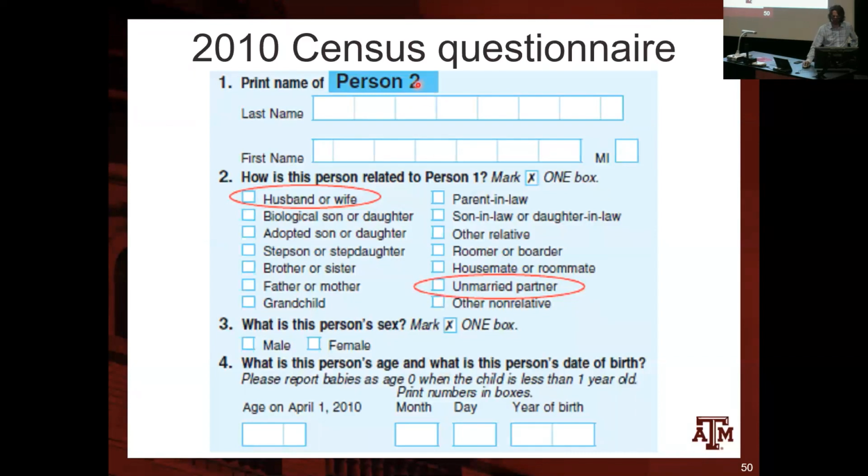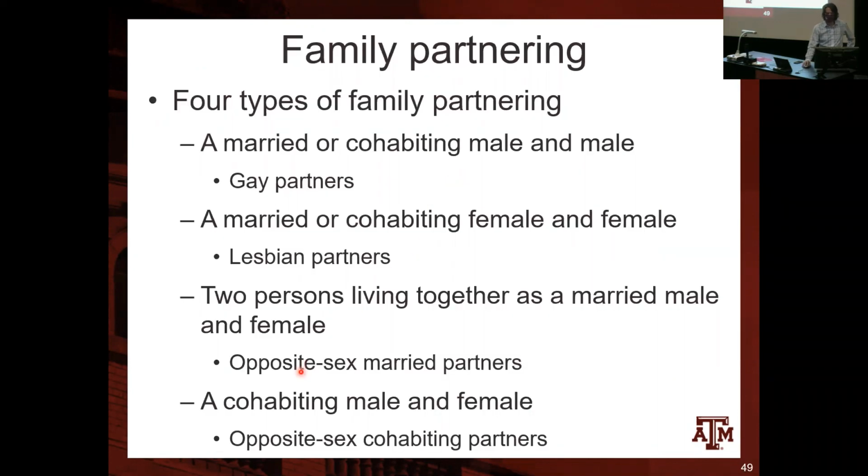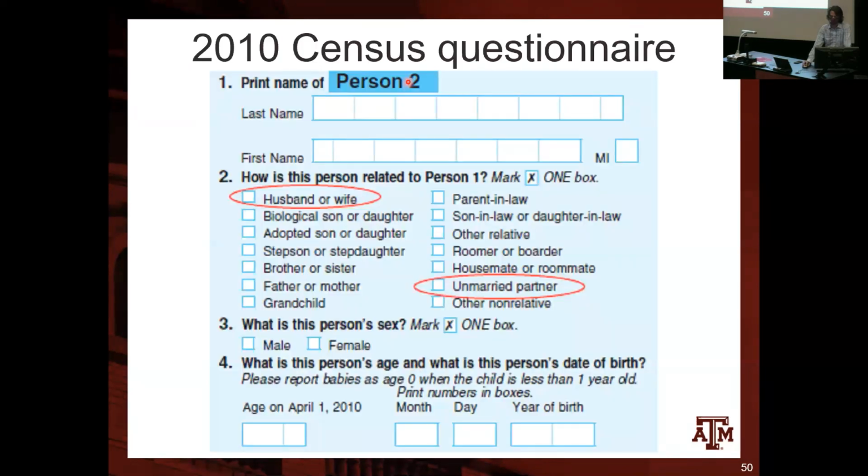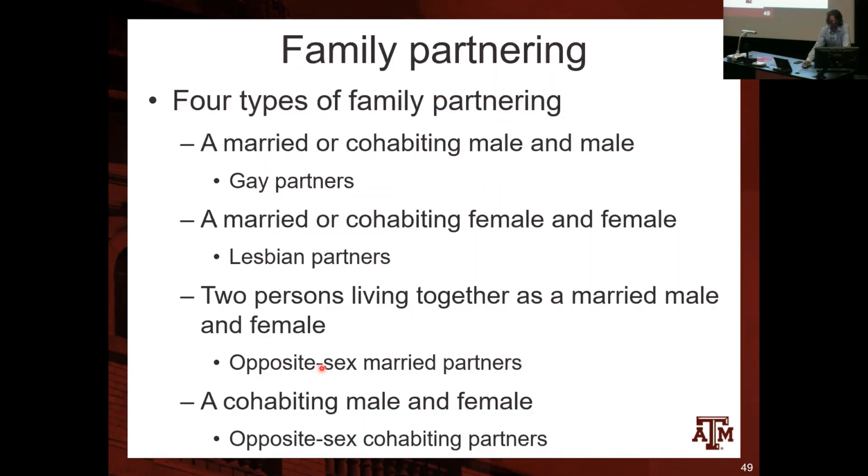It could be the same thing if person 1 is a woman, and person 2 is a male and the husband of person 1, so we would have, again, opposite sex married partners. If person 2 is an unmarried partner and person 2's sex is again different than the sex of person 1, we have a cohabiting male and female.